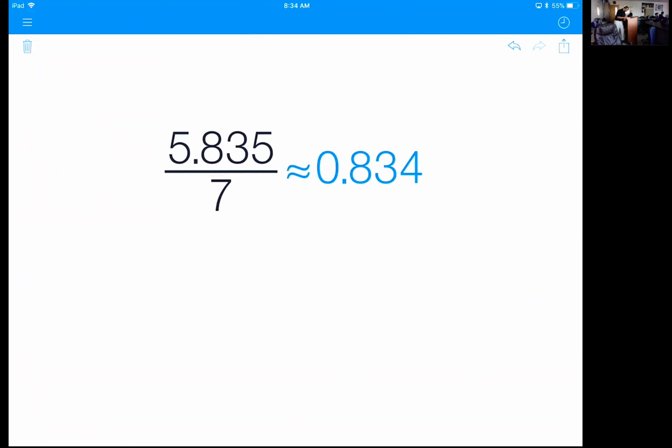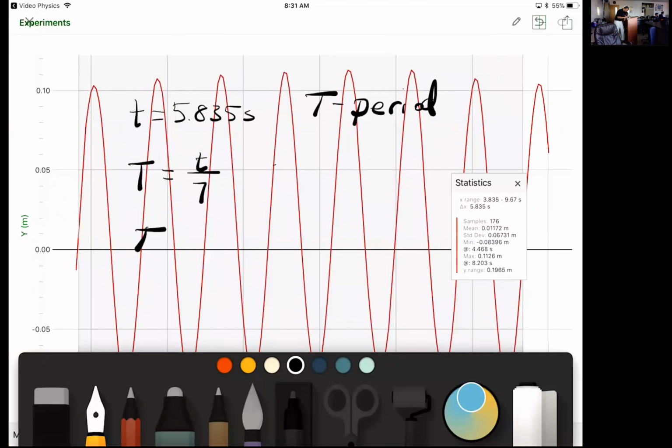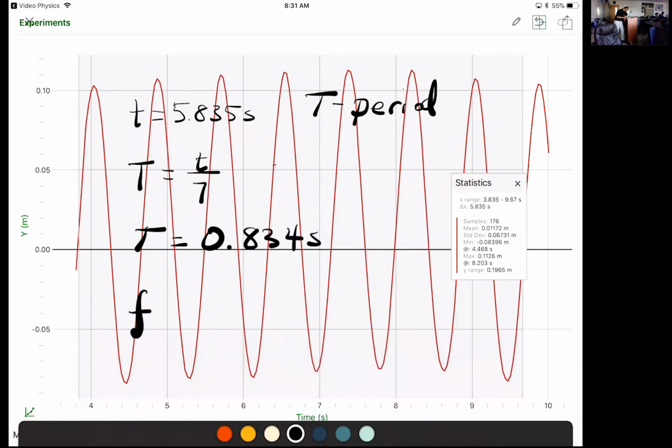It's approximately, yeah, it's 7 oscillations. So we have 0.834 seconds for a period. So 1 period is equal to 0.834 seconds. The way we define frequency is like this, 1 over T.